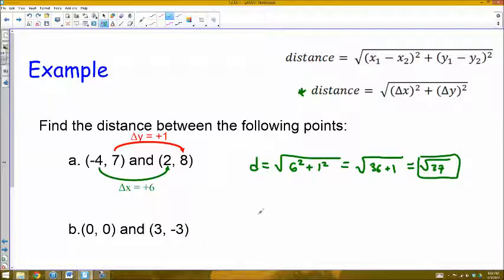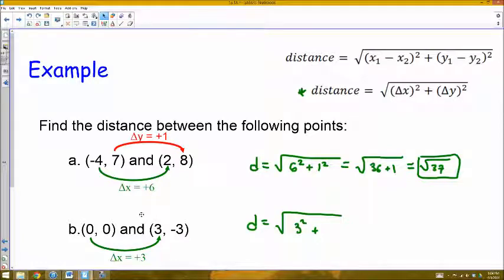In my second example, I'll calculate its distance. Again, I'll need my change in y and change in x. My change in x from 0 to 3 has gone up 3 units. So that will be 3 squared plus my change in y from 0 to -3 has gone down 3 units.